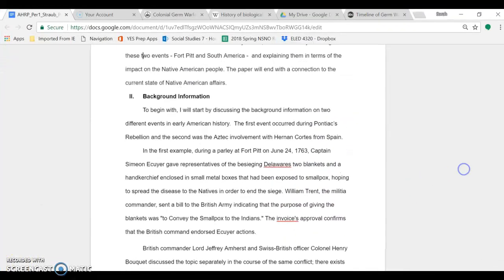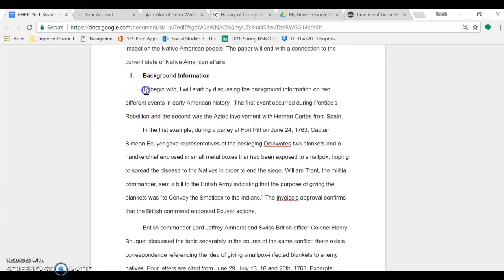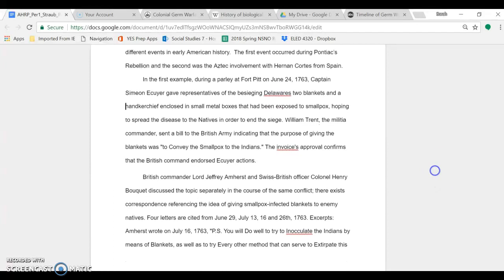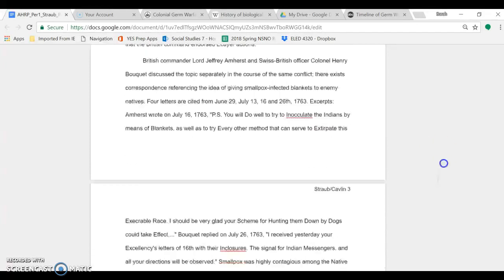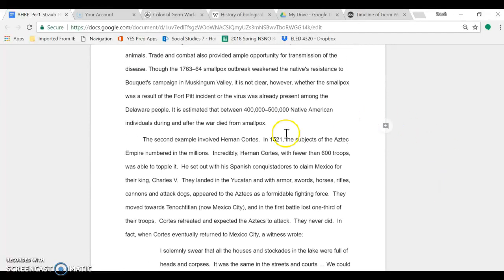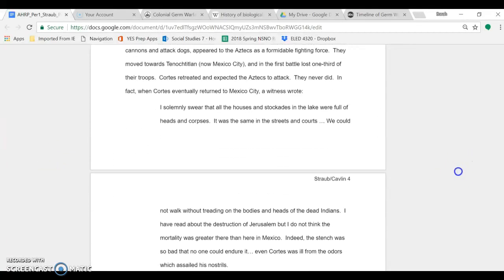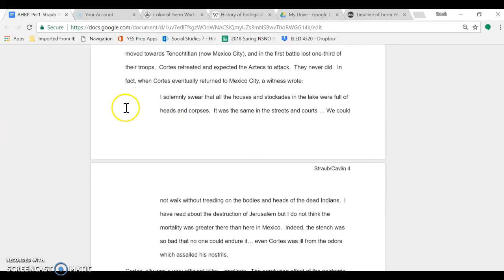So I've gone back to rewrite things to fill it all in. I began with my topic sentence. I filled in some information about the first situation, and then I moved into the second example. I have my topic sentence right here. The second example involved Hernán Cortés. I have some specific details, and then you'll notice here that I've weirdly moved over 2 spaces.